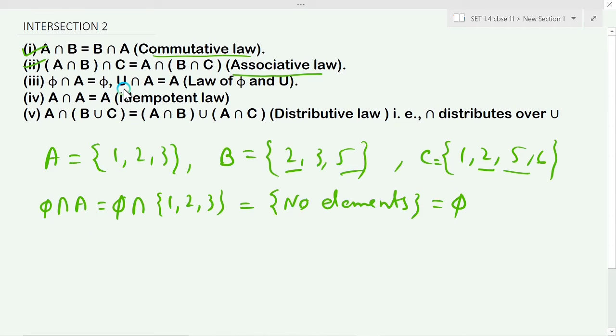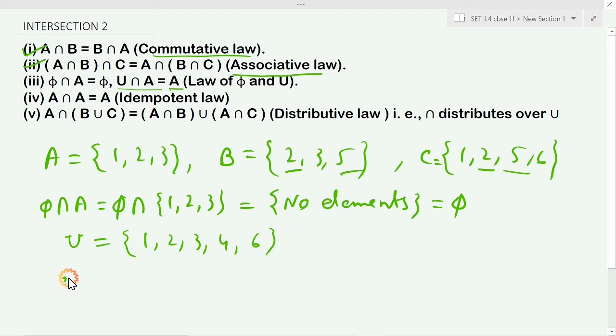Now the second property under 3, that is U intersection A equals A. First of all, we write the universal set U, which contains A, as 1, 2, 3, 4, 6.